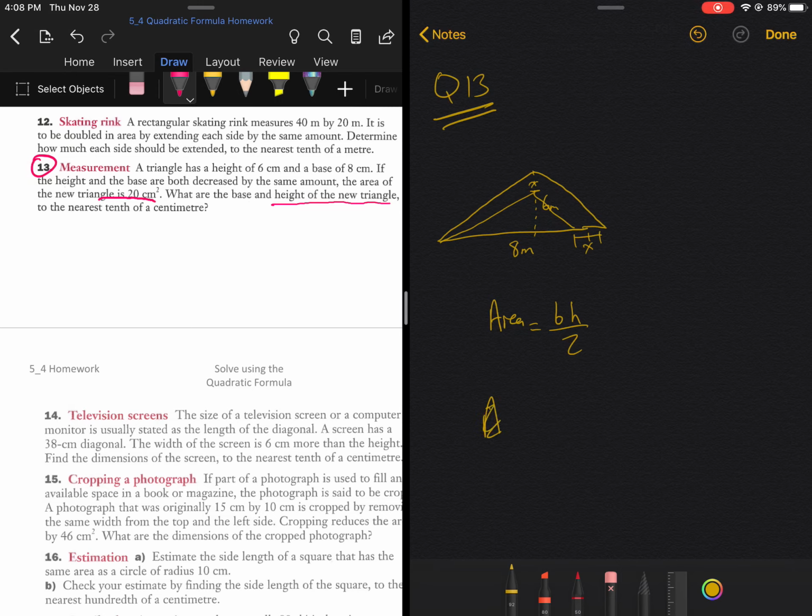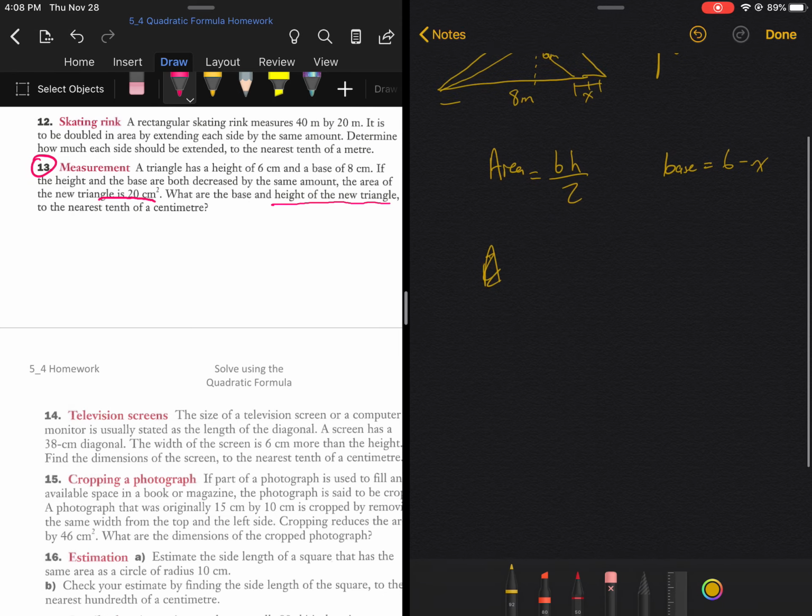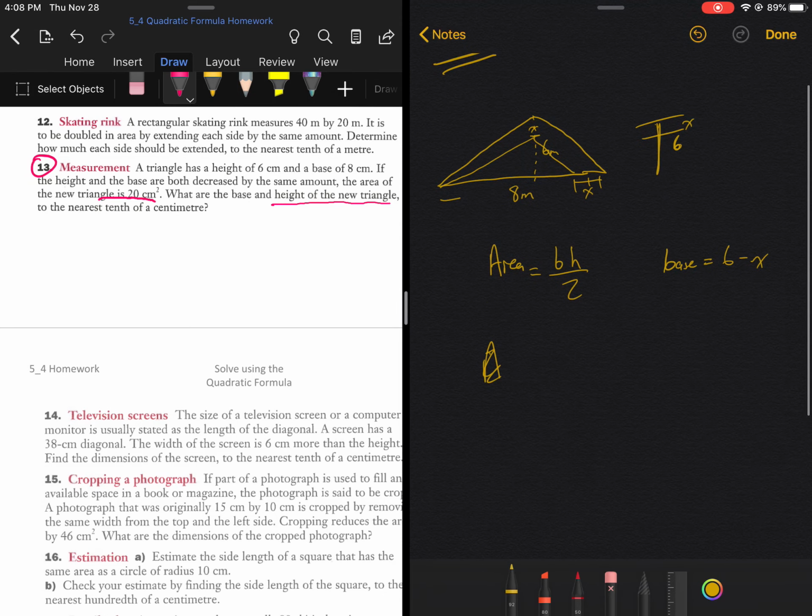Now, what's the height in this case? The height used to be 6. We took away x. So now the new height equals 6 minus x.